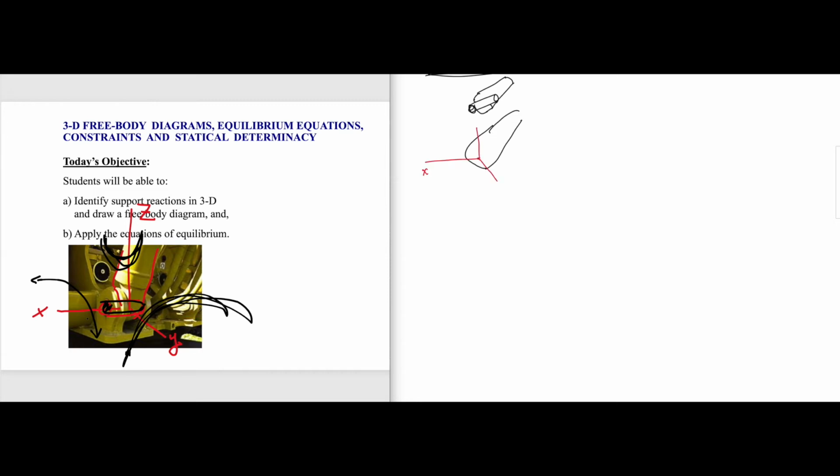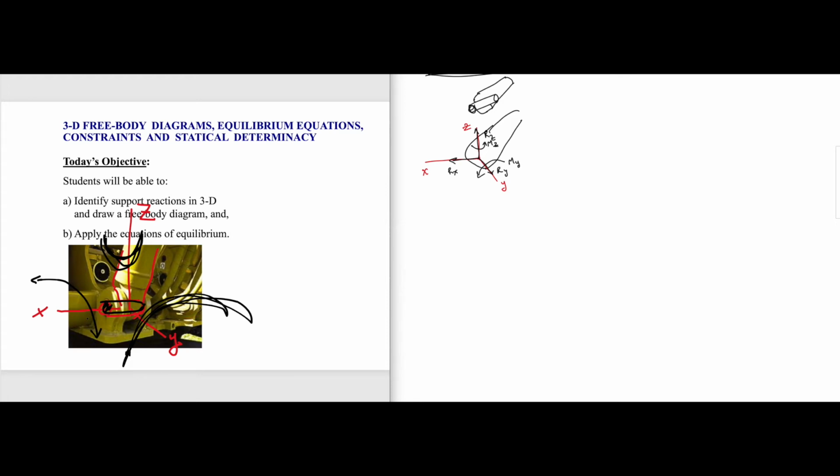This is X, Y, Z. If we replace the pin, because it does not allow you to translate along X, you have a reaction in X, a reaction in Y, and a force reaction in Z. Also, it allows free rotation about X, so I'm not going to represent a moment there. I'll draw a moment like this, moment Y and moment Z.